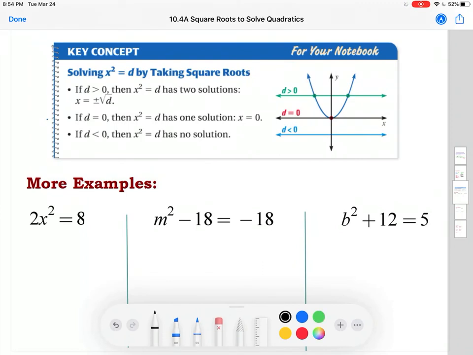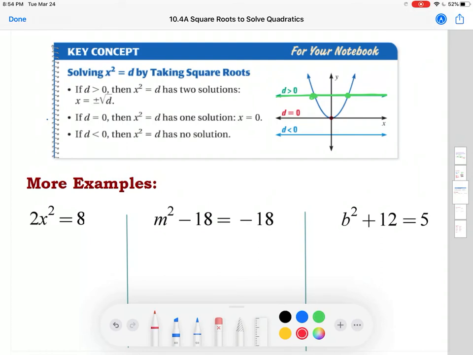So this very first one up here, when d was positive, we have a situation where our line intersects the parabola twice. So we have two solutions, one here and one here.